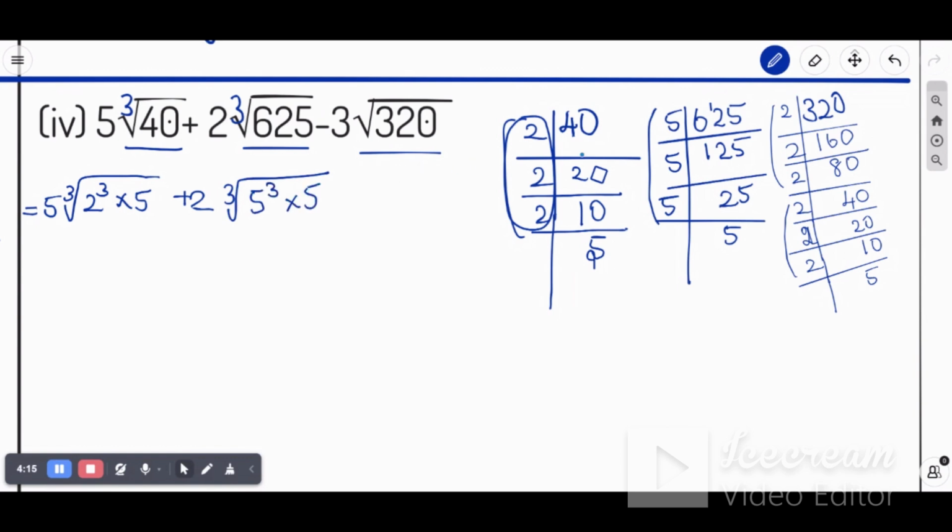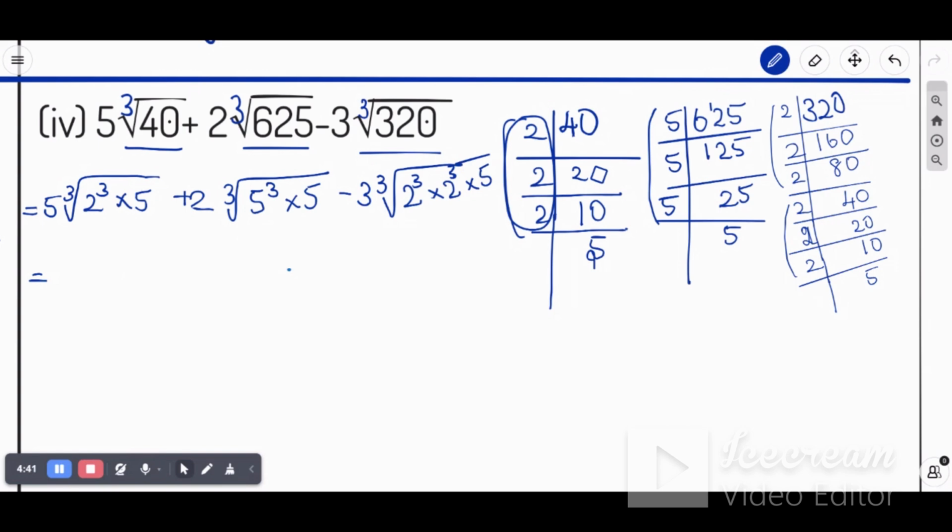And now comes your minus 3 times of, you have your cube root here also. So finally, you have to put your cube root, and if you could see, this is 2 cube into 2 cube into 5. You can directly put it as 4 cube also, but let it be as of now.